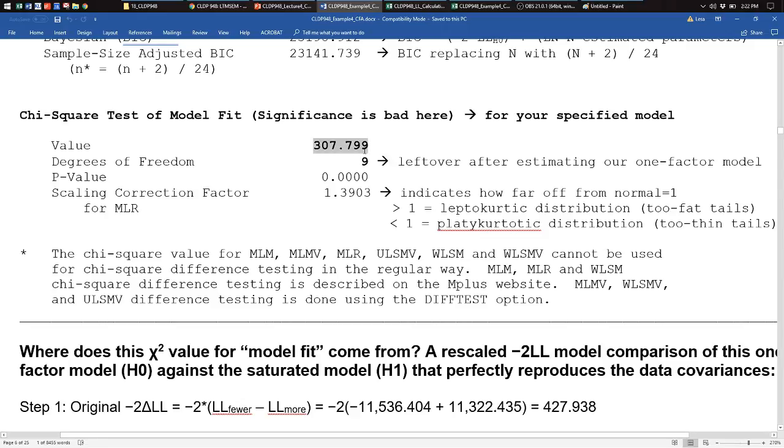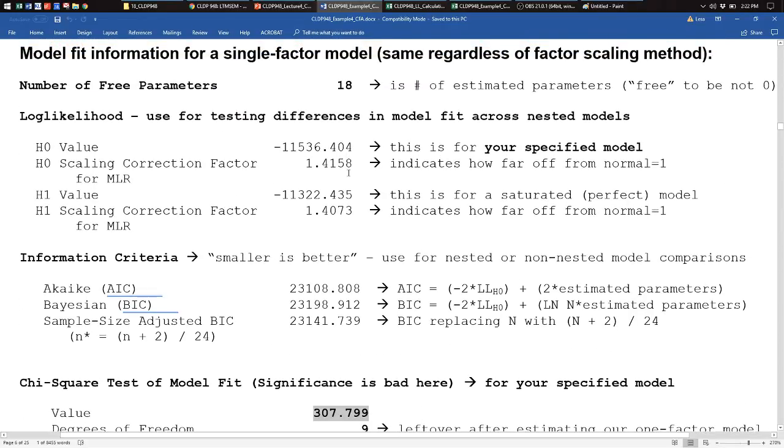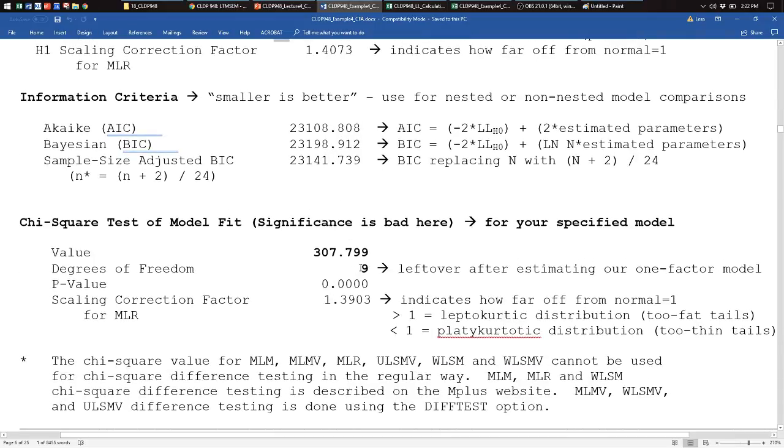This 307 is a scaled difference between the H0 number and the H1 number for your likelihoods. The 9 is the number of degrees of freedom left over. We had 27 pieces of data, we estimated 18 parameters with them, and we have 9 left over. So we could add 9 things to our model before it becomes just identified.